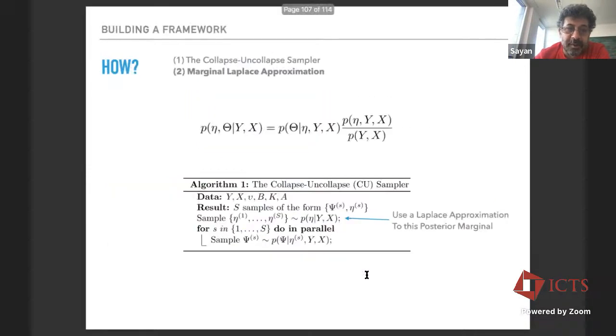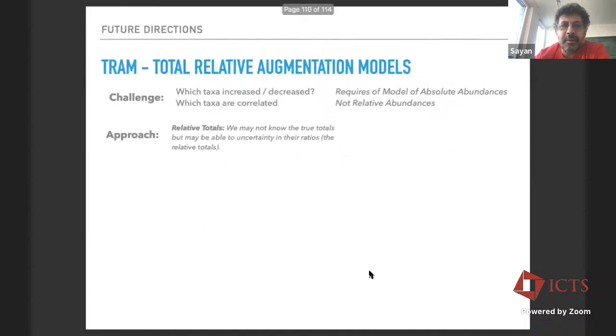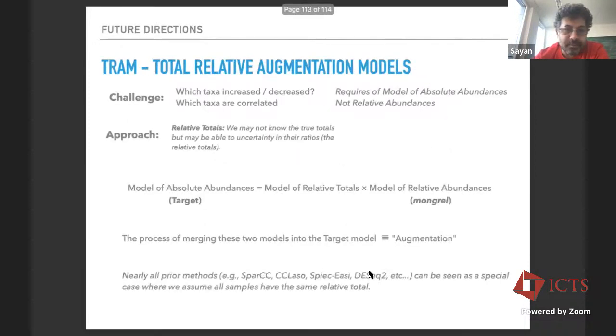And this is the paper. And basically what it ended up being was an uncollapsed sampler. Let me go through this quickly because I can give you more details. The paper is now out in JMLR.